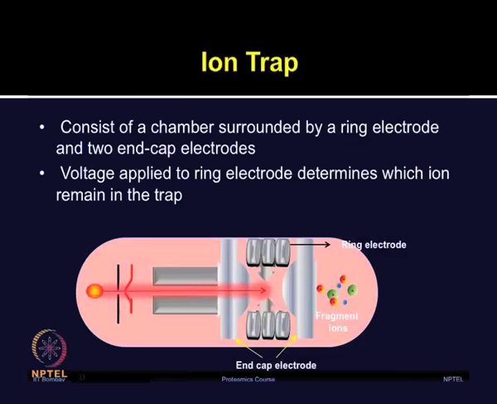The voltage applied to the ring electrode determines which ions remain inside the trap. So, ions above a threshold of m/z ratio remain inside the trap, and others can be ejected through a small hole. Theoretically, the ion trap can provide MSn analysis and it can also provide a mass filter.